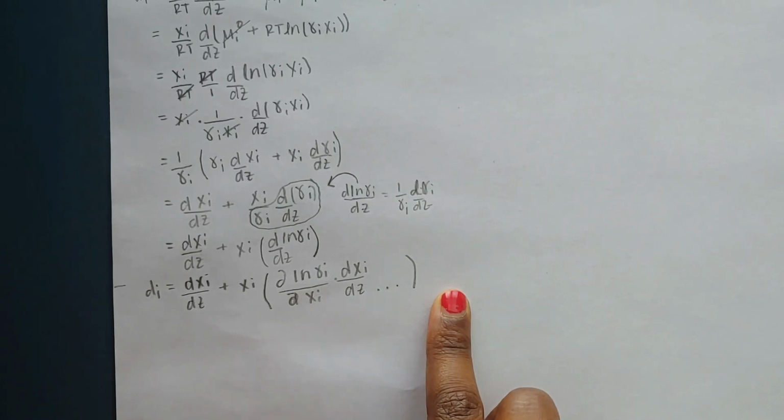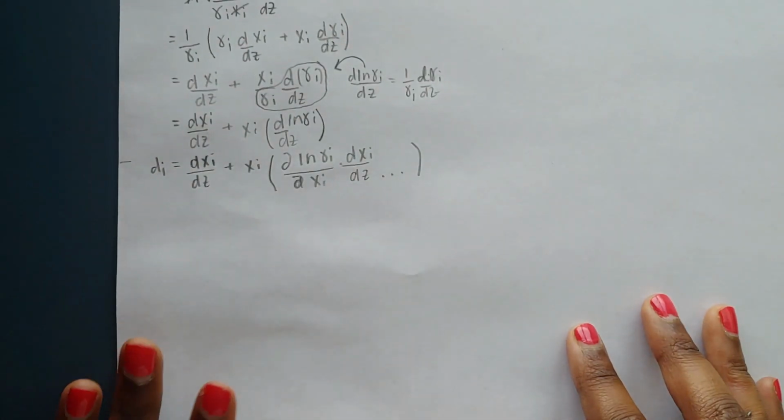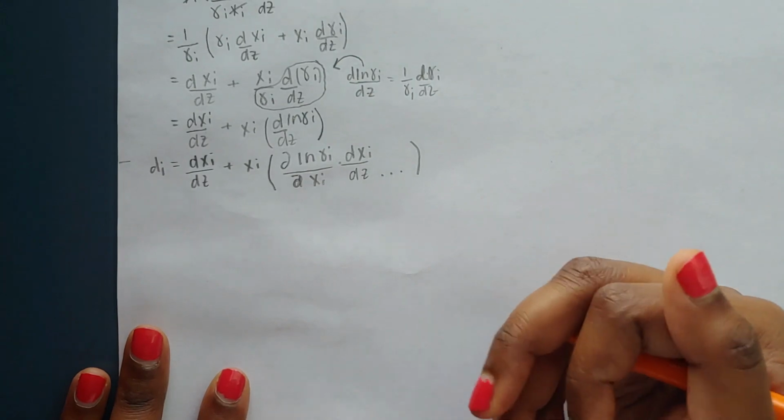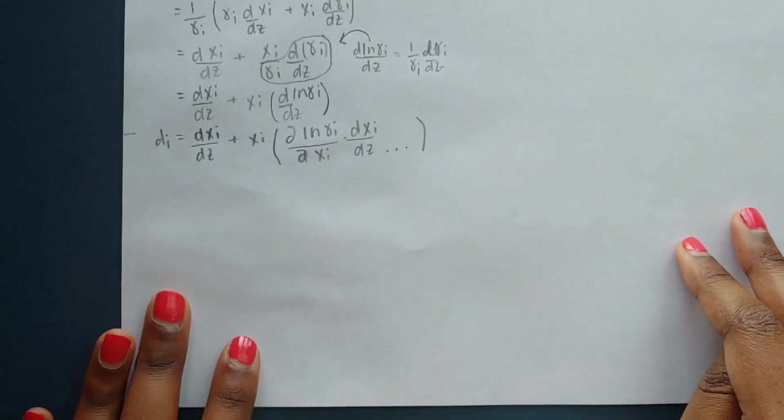That sounds confusing, but if I write it out in terms of an example, let's say we have a 3-component mixture.